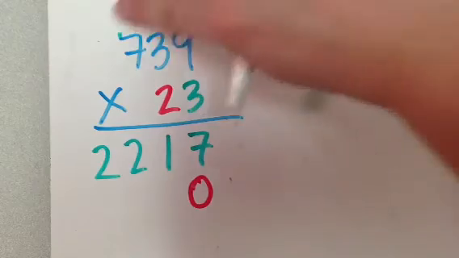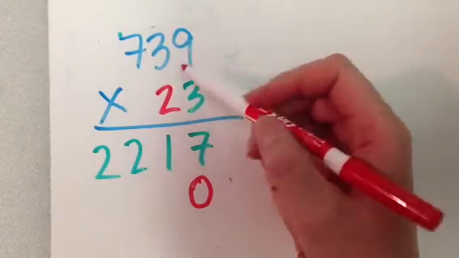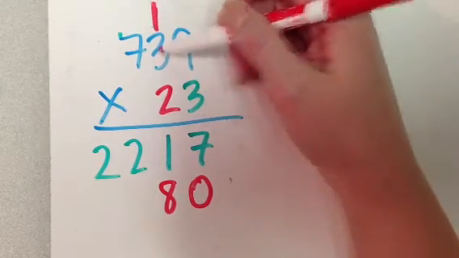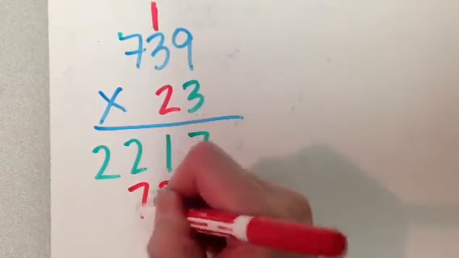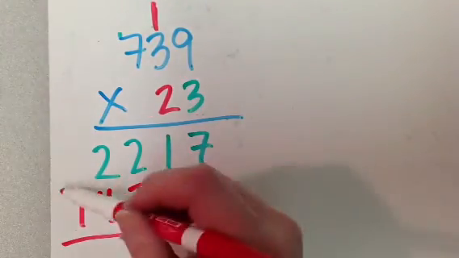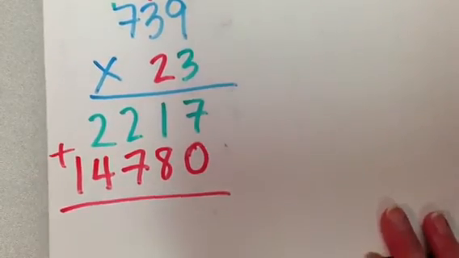Now I'm going to come back and put my placeholder in. I'm going to erase these up top and go this way. 2 times 9, 18. 2 times 3 is 6, plus 1 is 7. 2 times 7 is 14. Wow, look at this one. We're all the way out to the 10,000s place. Our answer is going to be huge.